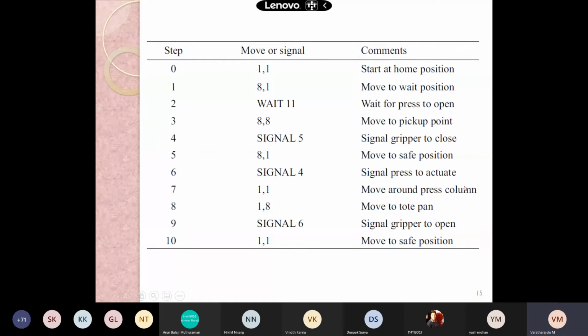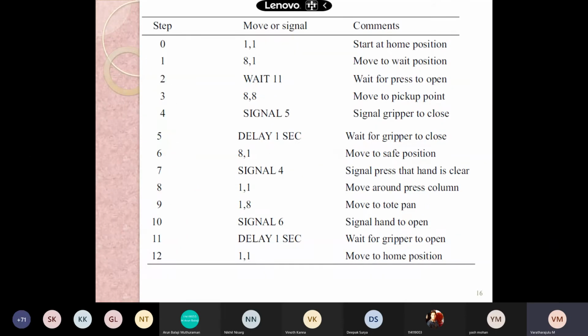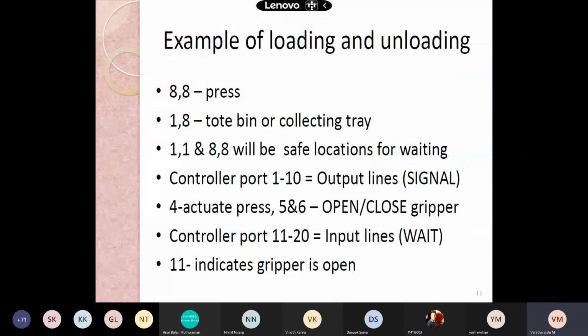Signal press to actuate, and 1 1, move around the press column and move to the tote pan. 1 8, move to pan, and 1 1, move to safe position. At 1 8 we have the tote bin or collecting tray, and 1 1 and 8 1 will be the safe locations for waiting.